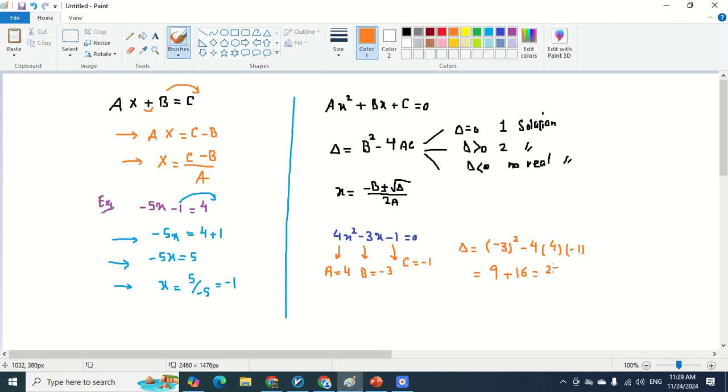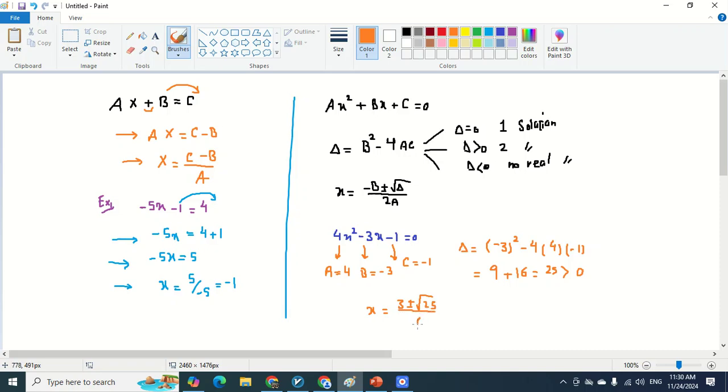Right now, because the delta is positive, we have two real solutions for x. To calculate the x value, x is equal to minus b, which over here is 3, plus and minus the root of 25, over 2a, and 2 times 4 is equal to 8.